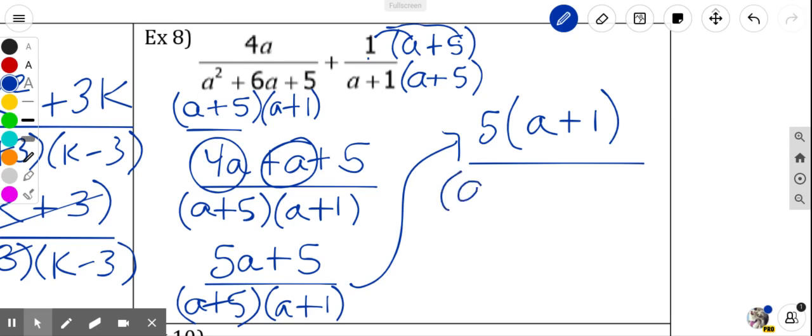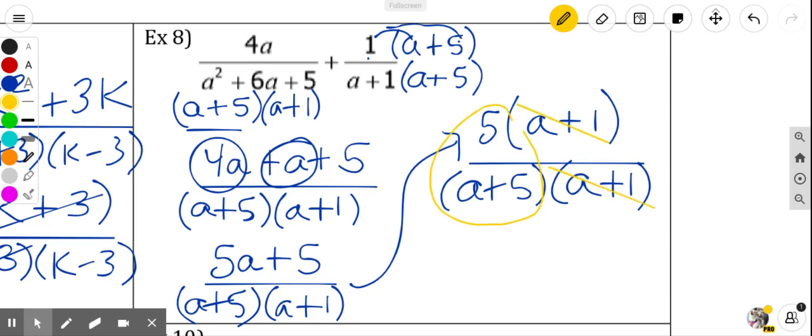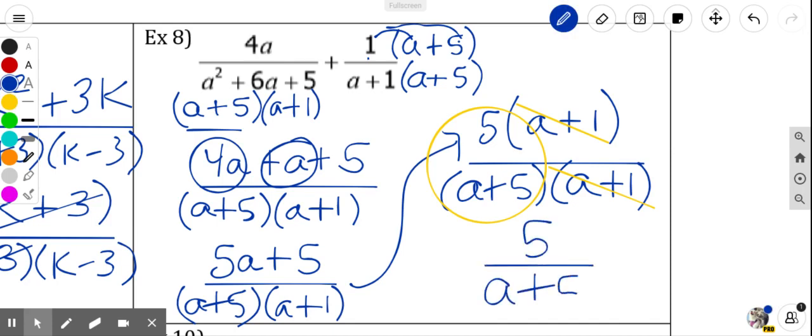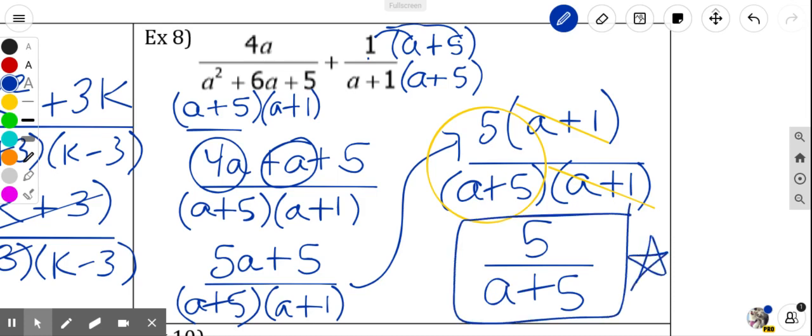And then the bottom is a plus 5 times a plus 1. Okay, lastly, we want to cross off any common factors. So the a plus 1 in the top and the bottom, those can go. And then you're left with this. So your final answer is 5 over a plus 5. That would be your final answer for number 8.